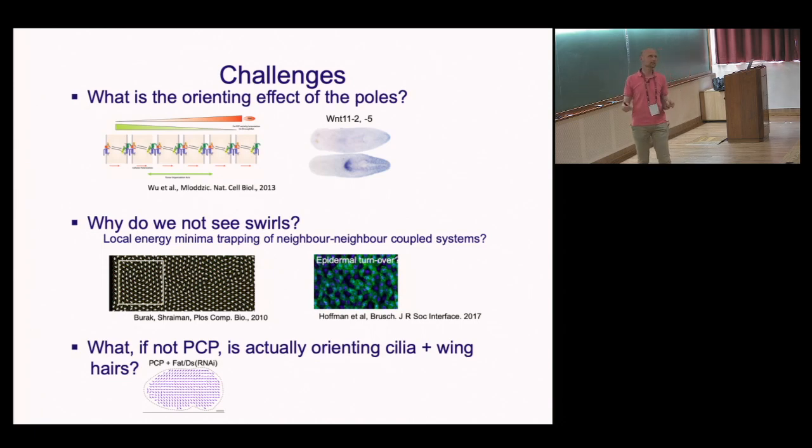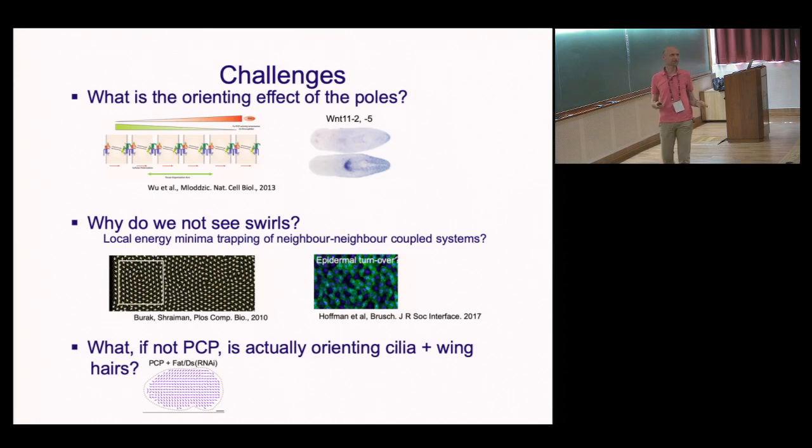But nevertheless, there is still consistent orientation of wing hairs between neighboring cells. And what this basically shows is that the PCP machineries cannot be responsible for polarity. All they are doing is guiding some other polarity process into predictable and genetically determined orientations.